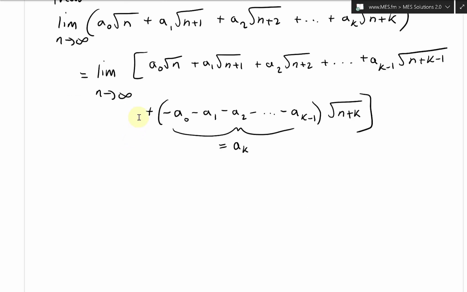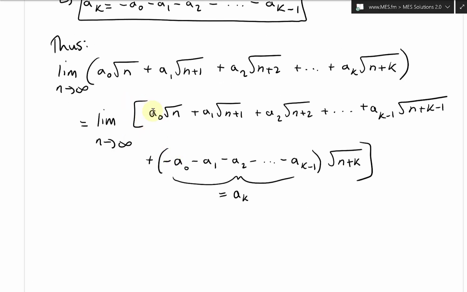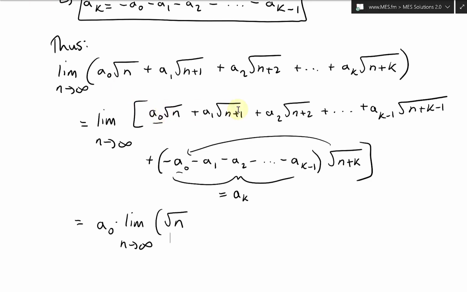And now we'll do a pretty cool magic trick. I'm going to take this, factor out the a0, and multiply it inside to each one. We're going to do that to each one. So this equals a0 times the limit as n approaches infinity of square root n minus square root n plus k.